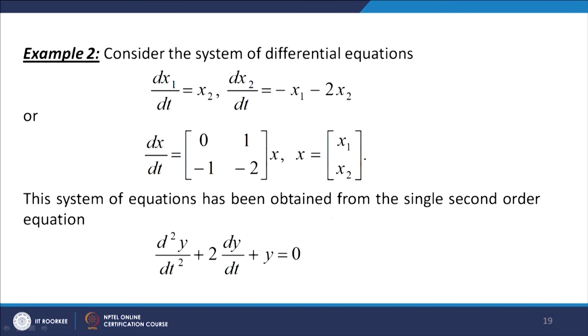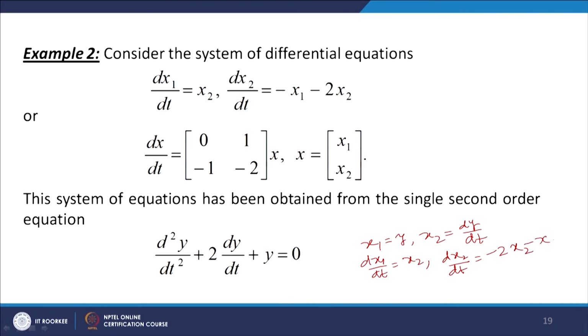Now, this system of equations has been obtained from the single second order differential equation d square y over dt square plus 2 dy over dt plus y equal to 0. You can see here if you take x1 equal to y, x2 equal to dy by dt, then what you get is dx1 by dt is equal to dy by dt which is equal to x2 and dx2 by dt will be equal to d square y by dt square which is equal to minus 2 dy by dt, that is x2, minus y.